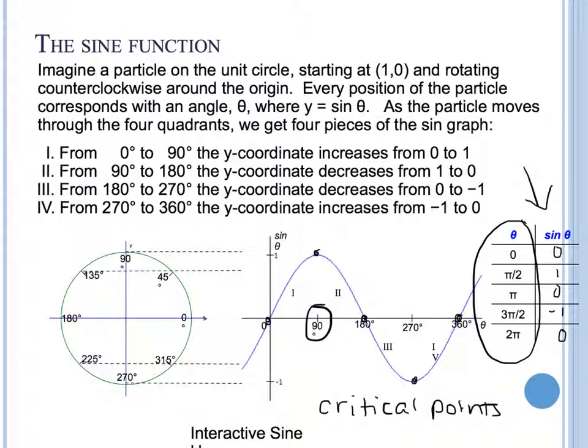So let's see what else. This is one cycle from 0 to 2 pi, and most of the time I'm going to ask you to graph one cycle of the given trig function.